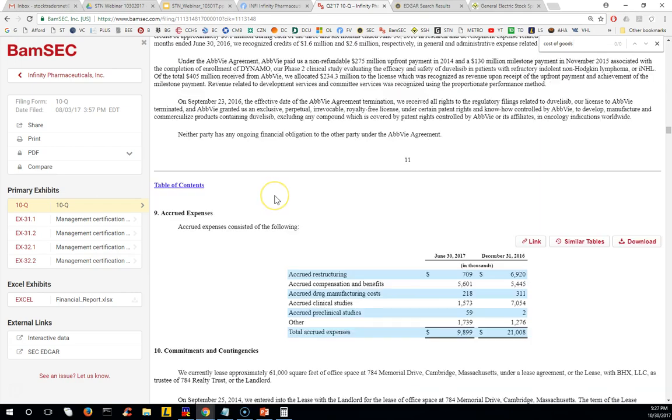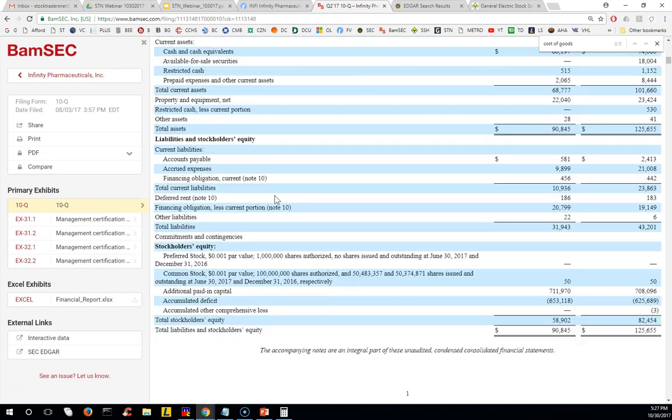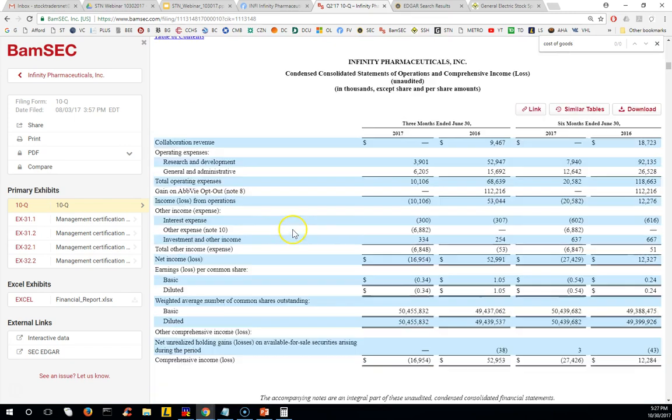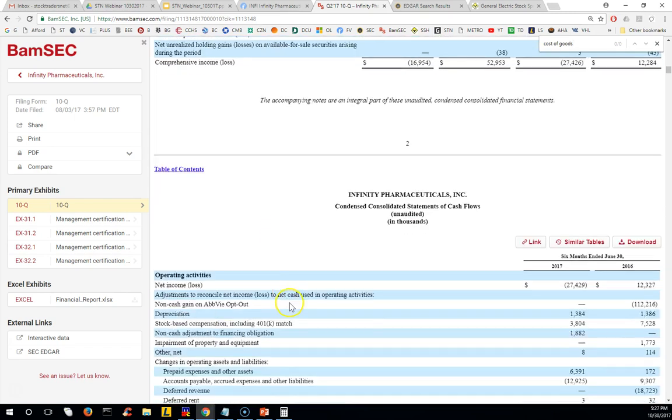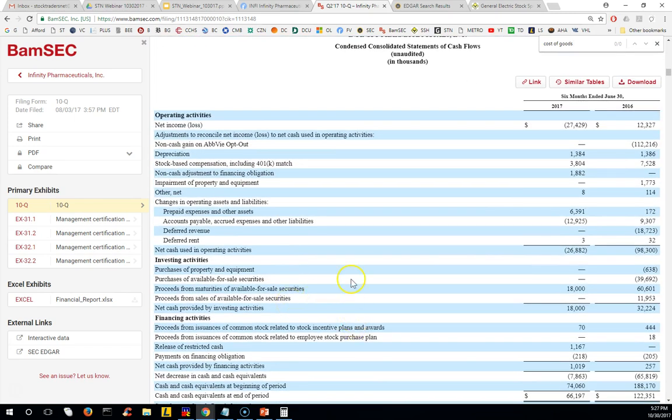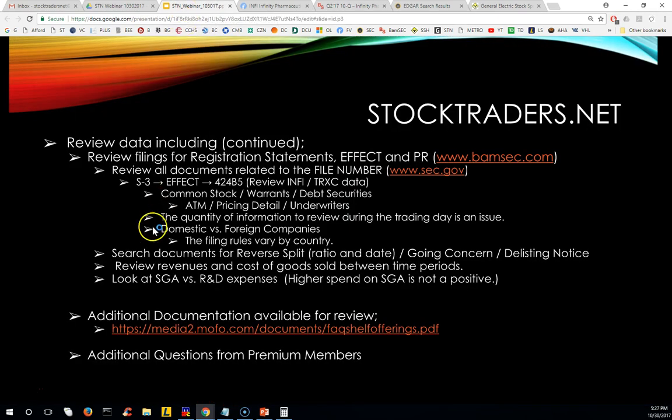I know I'm jumping around, but I want to make sure you guys understand it's very easy to obtain this information. All right, it's all right here. So I look at the data between the two data points that's within the quarterly filing. This happens to be a quarterly filing.